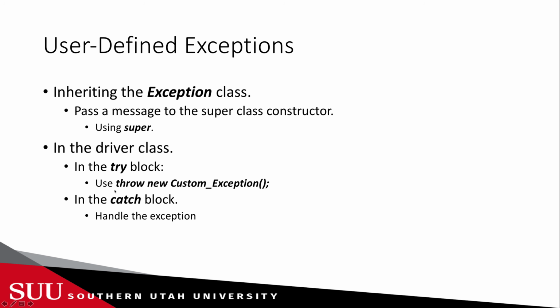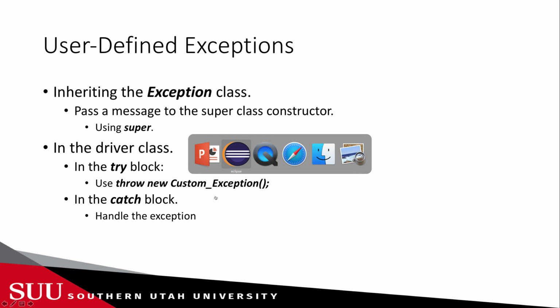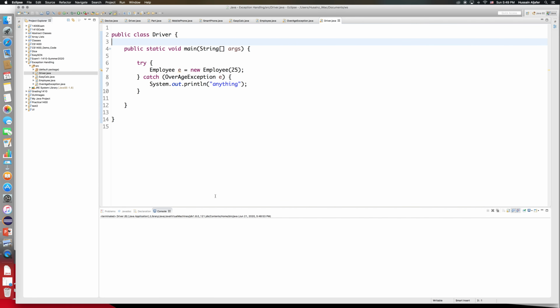So in the try block, you put throw new custom exception. So we will put throw new overage exception in our try block, and then we will handle it in our class. And this is how you create custom user-defined exception classes.